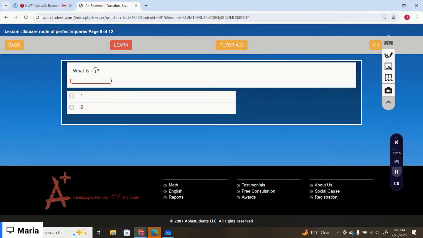What is square root 1? Square root 1 is 1. Option number 1 is the correct option. Okay, you can complete the lesson by yourself later today. Let me just move on to the next lesson.